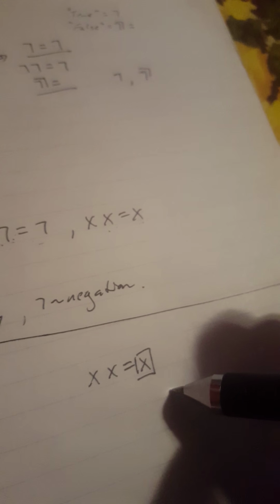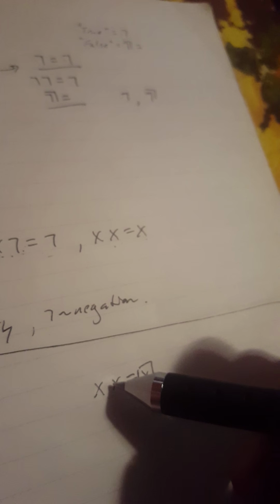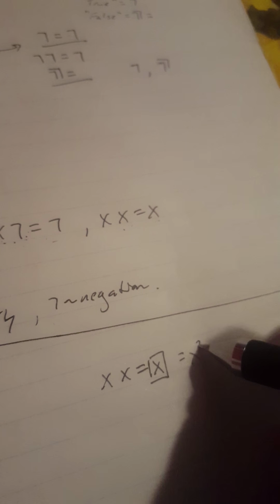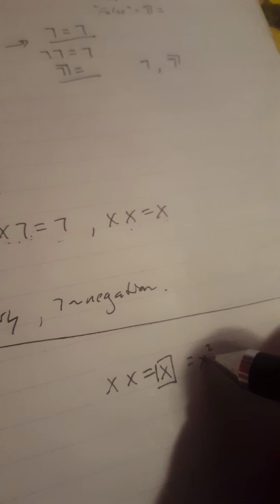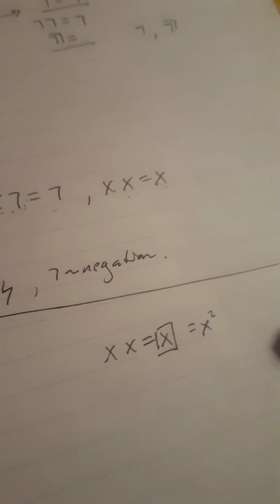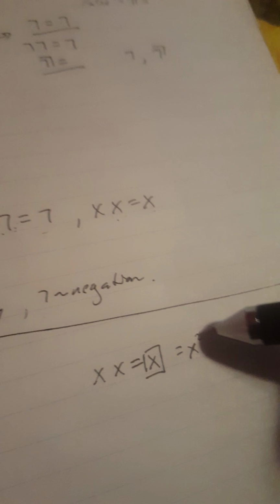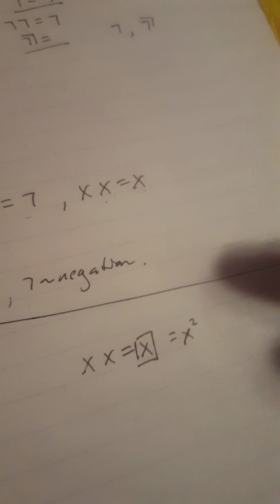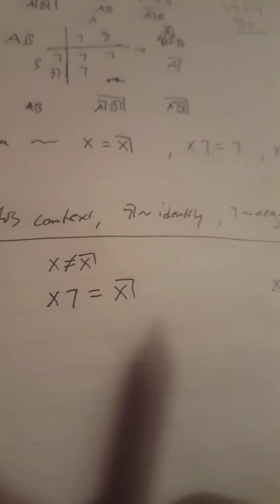There are exceptions. In the context of multiplication, this is really the familiar x squared, which you know and love. So in algebra, your rule of duplication immediately gets you to exponentiation.